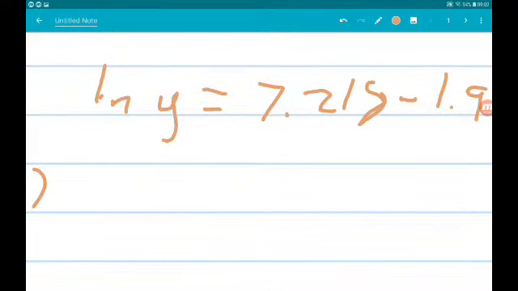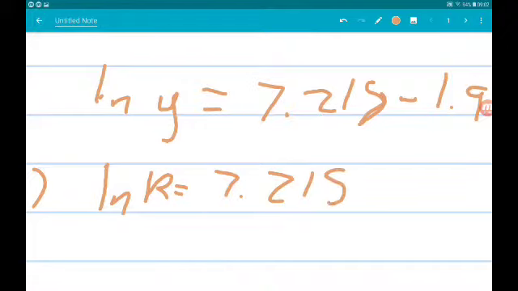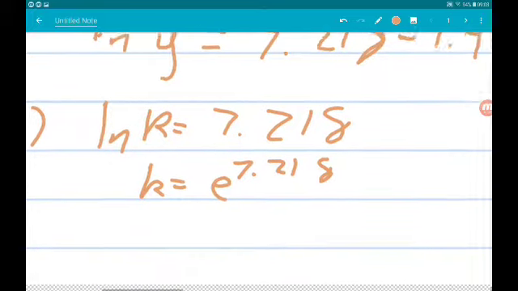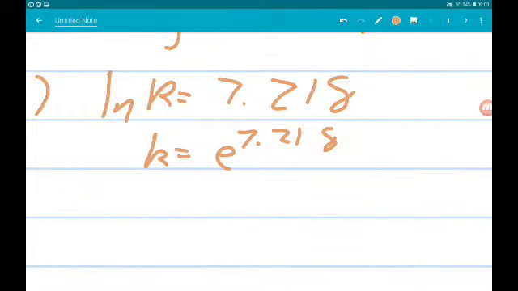So that means log k is 7.218. So k is e to the 7.218, which, if we go to the nearest whole number, gives us k is 1,364.